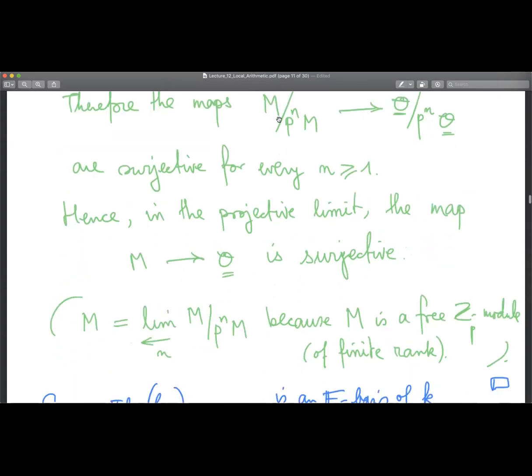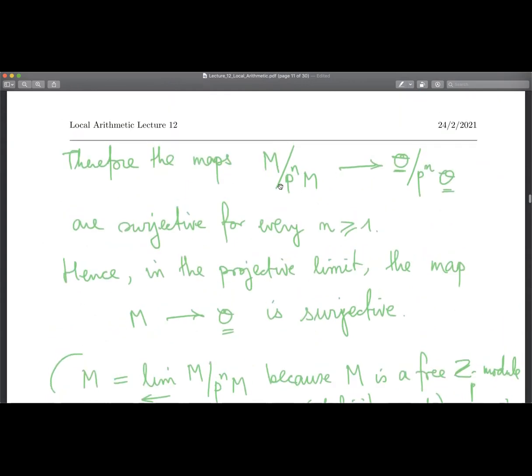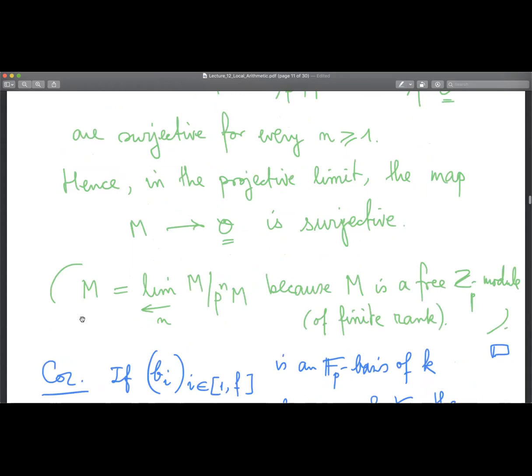But one needs to check that this M is actually the projective limit of M modulo p^n M, the projective limit over little n. And that is true. This is true because M is a free Z_p module of finite rank. Right? It's a submodule of the module O, which we already.